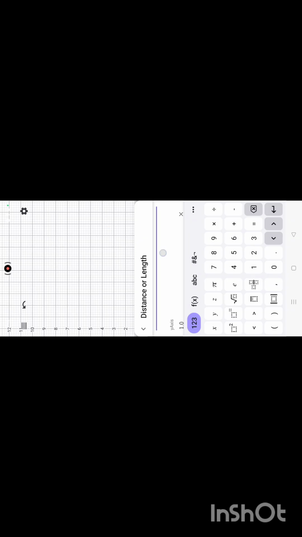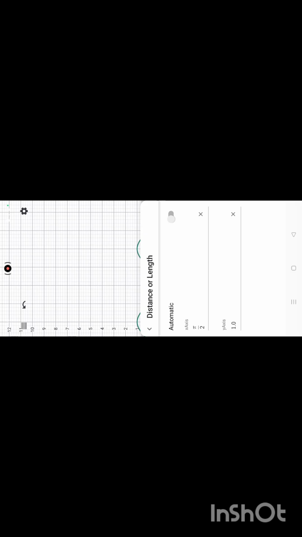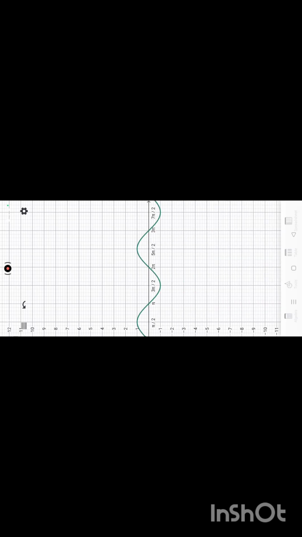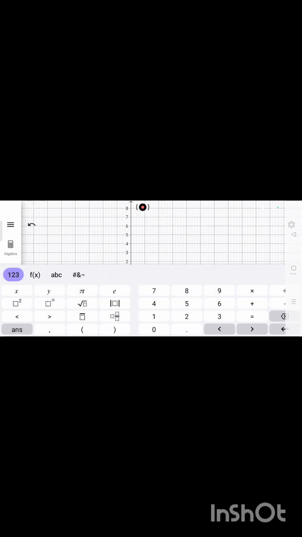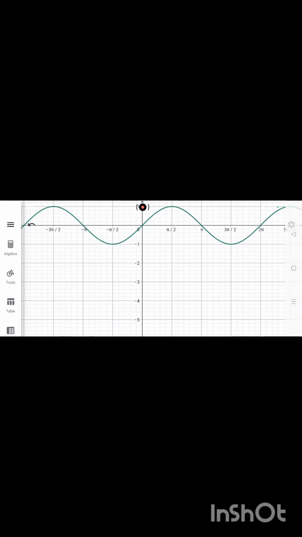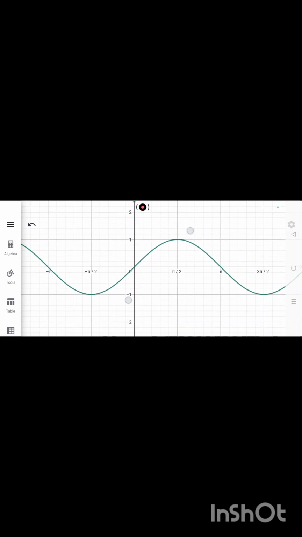Let us change this: 1 unit in the x value will change to pi by 2, and in the y axis let 1 unit be equal to 1. Now look at how it has changed. This is the sine wave. I told you the sine wave is the increasing wave.